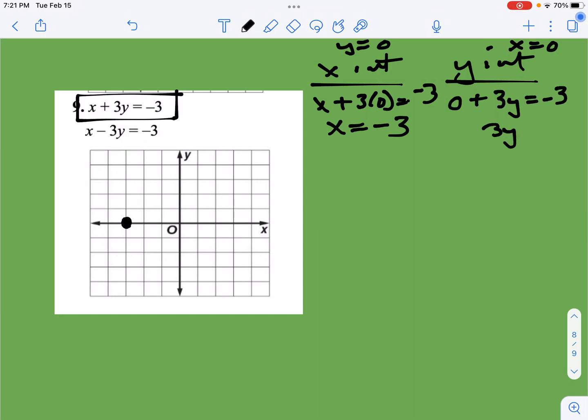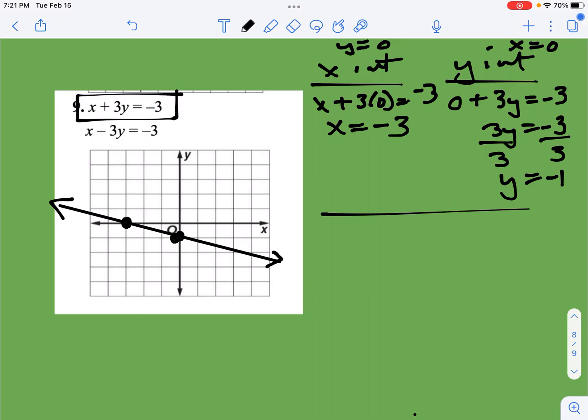So 3y equals negative 3, divide both sides by 3, and you should get y is equal to negative 1. So we'll go over here, put the point, and we go through. Yeah, that's not terrible. Not perfect, but pretty decent.